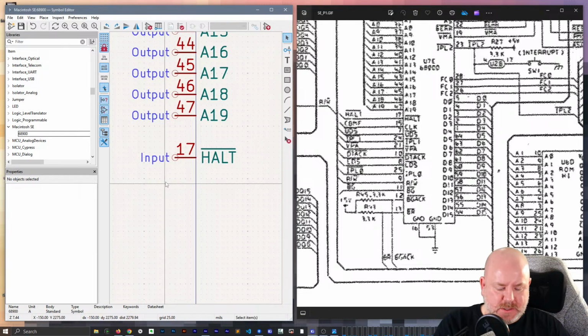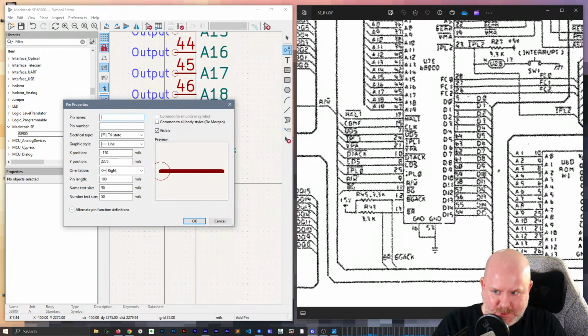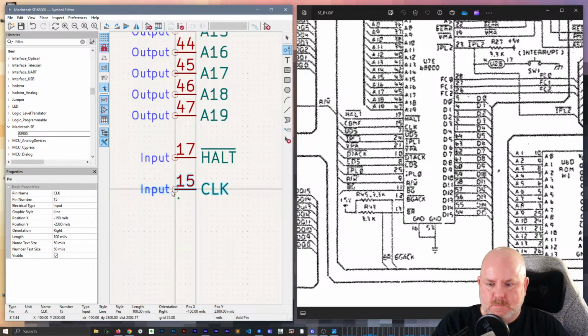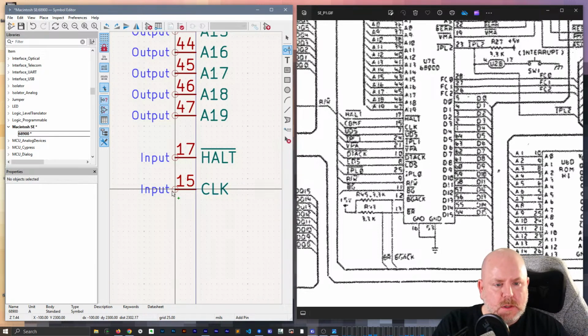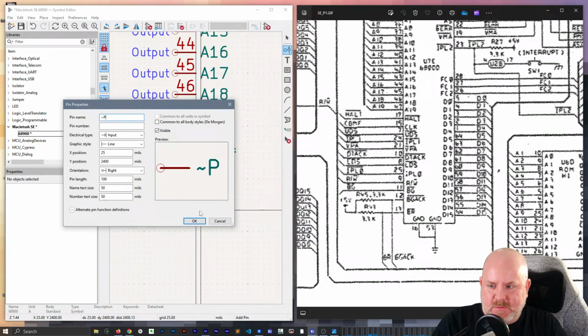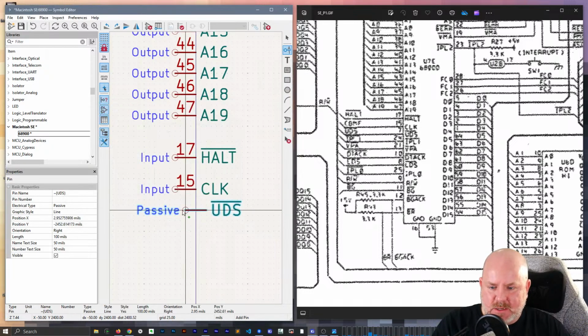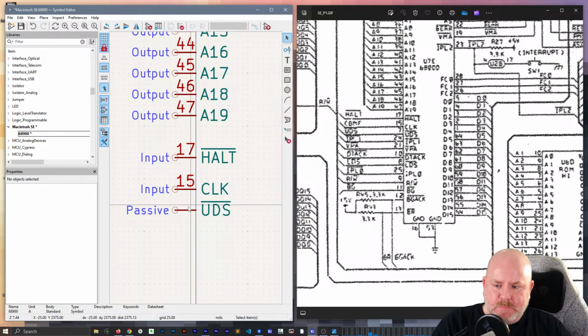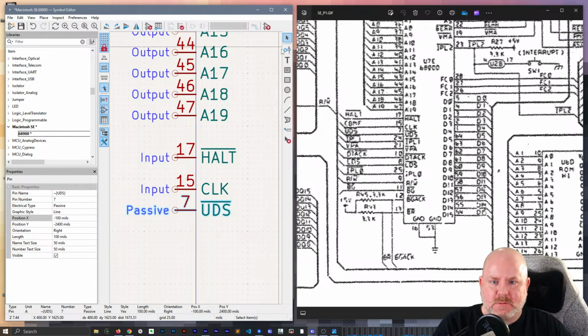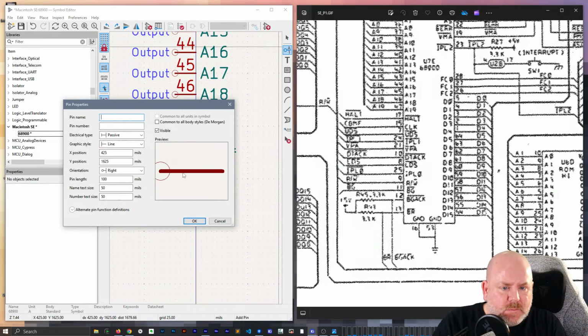Clock is pretty likely an input, unless it's a 6502. And UDS, I have no idea what that one is. And so what I'm going to do for the moment, I'm going to make this passive only because I don't know what it is. And that way I can come back later and we can figure it out. I don't want to take the time to go and look it up because I want to get all the pins created and then we can look up what everything is.